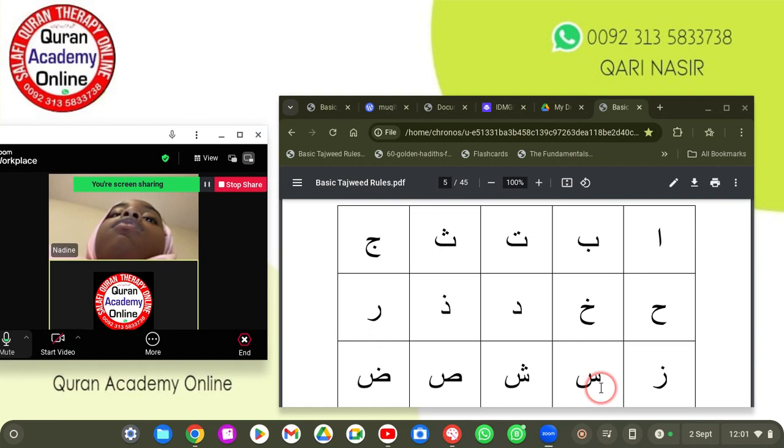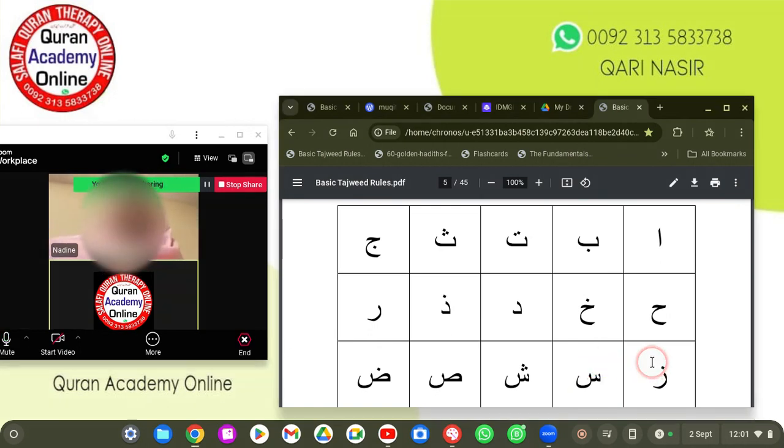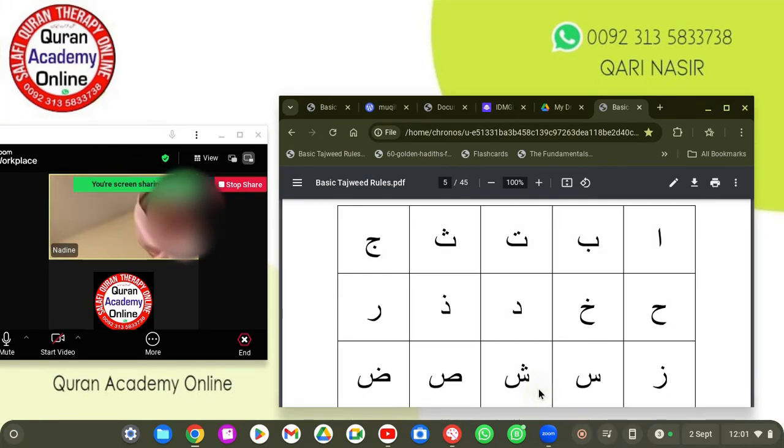This one is seen. Where is my arrow, on which letter? That's za. And now seen, and now this one with 3 dots in seen shape.